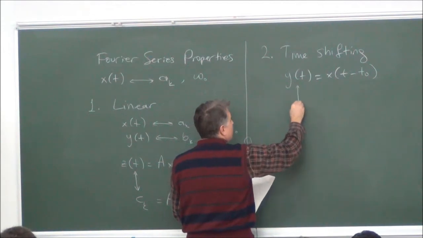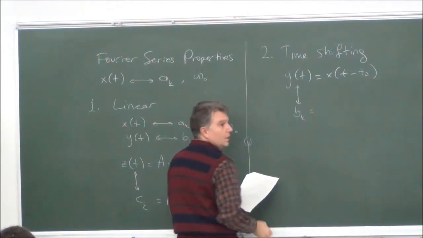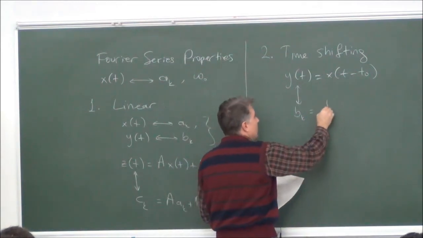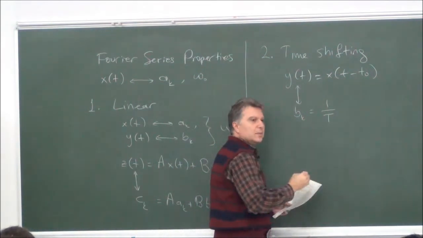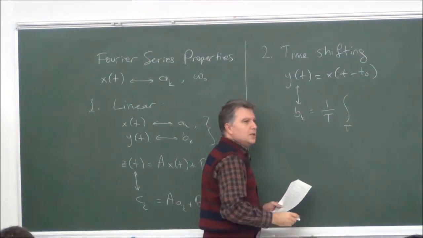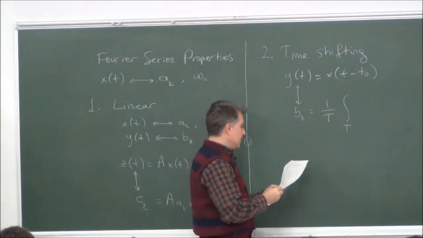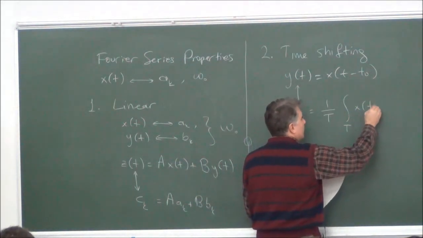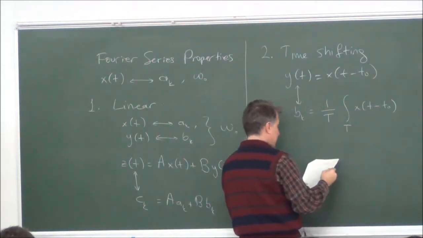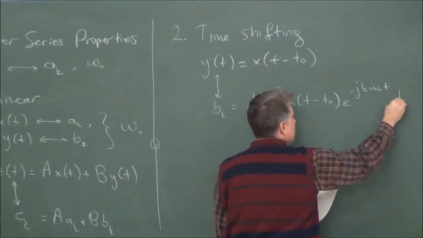The Fourier series coefficients of y of t I'll call bk, and that is equal to, by shifting, the period doesn't change, and the integration duration is T, but the starting point is arbitrary, 1 over T times the integral of x of t minus t0, which is y of t, times e to the minus jk omega 0 t dt.